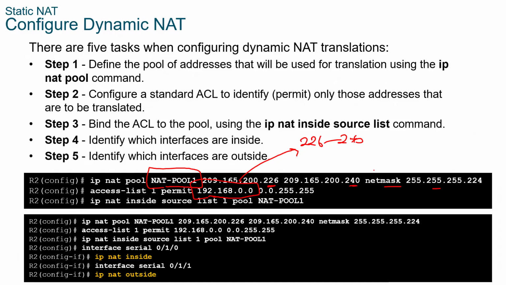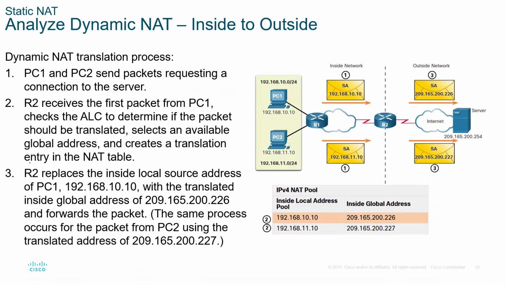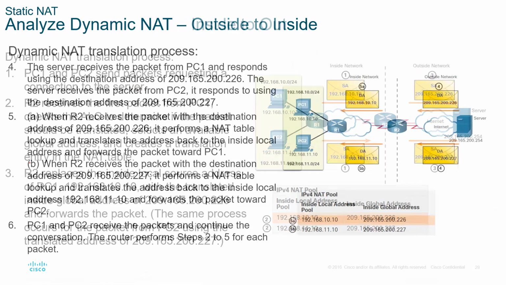And that's it. Steps 4 and 5 are common for all the types of NAT configs: you have to define your interfaces, the inside and the outside. Simple.